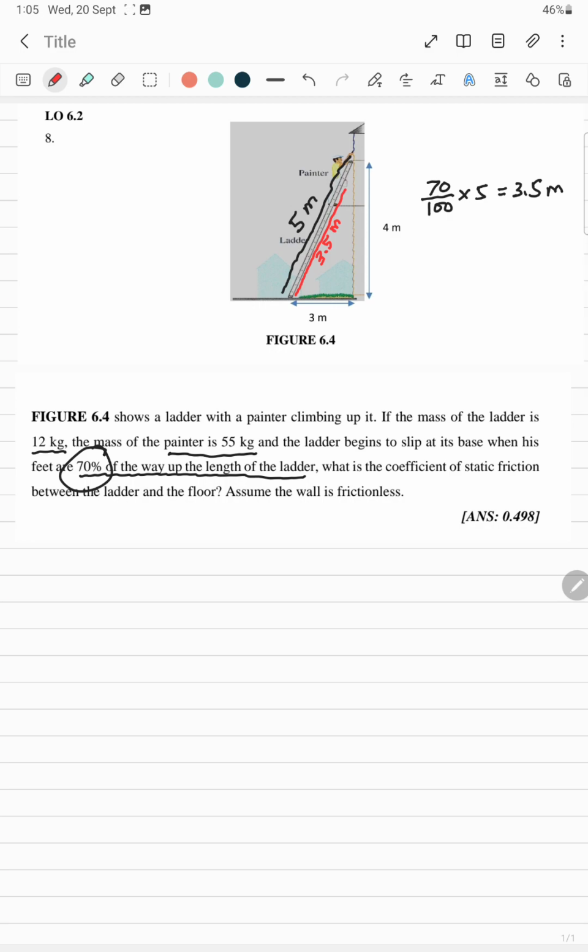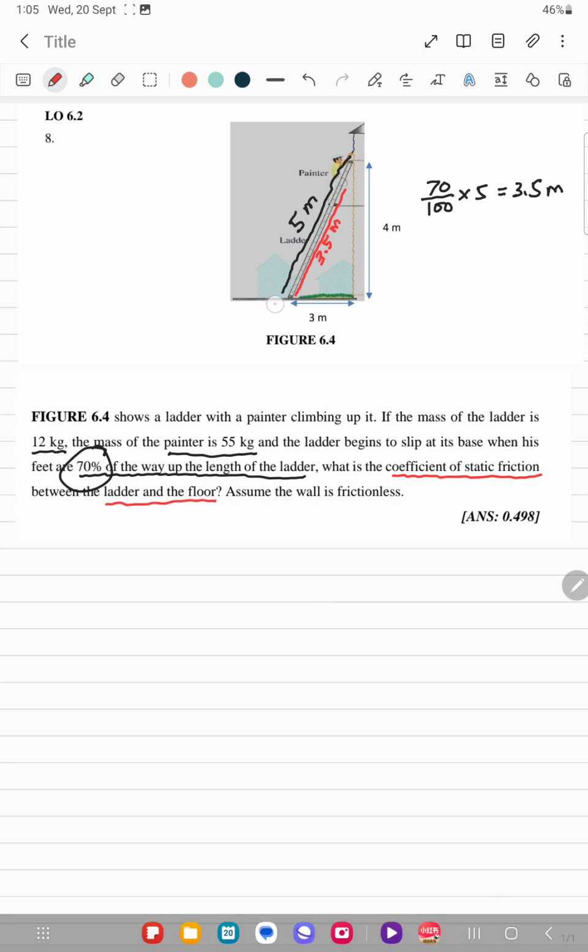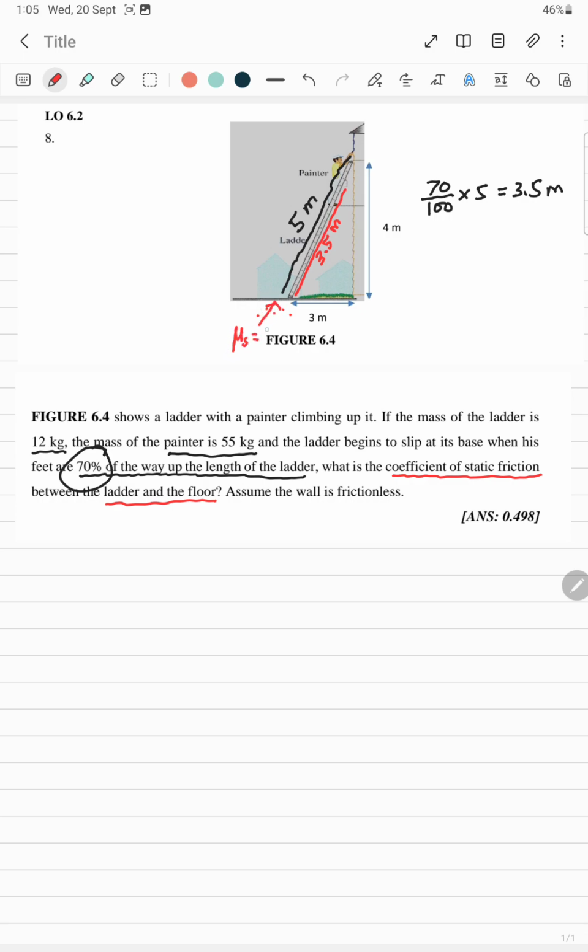The question asks us to find the coefficient of static friction between the ladder and the floor. So it means the floor is rough, and we want to find the value of mu s. In order to find mu s, we can refer to the equation we already learned before. The static friction force is mu s multiplied by the normal force.